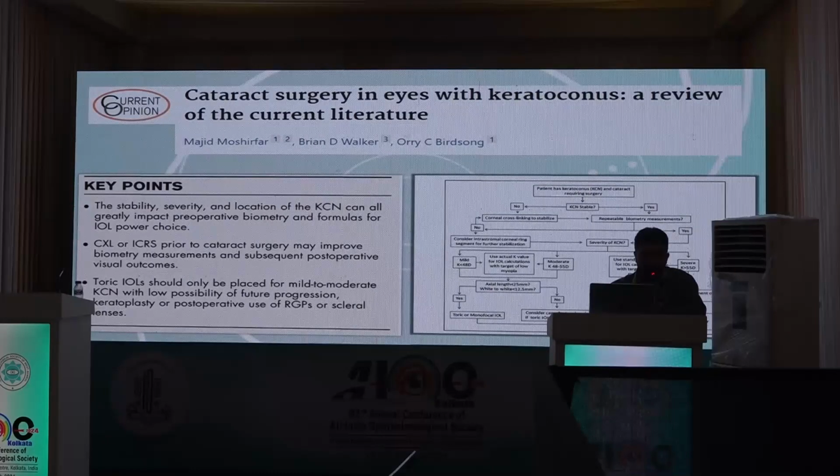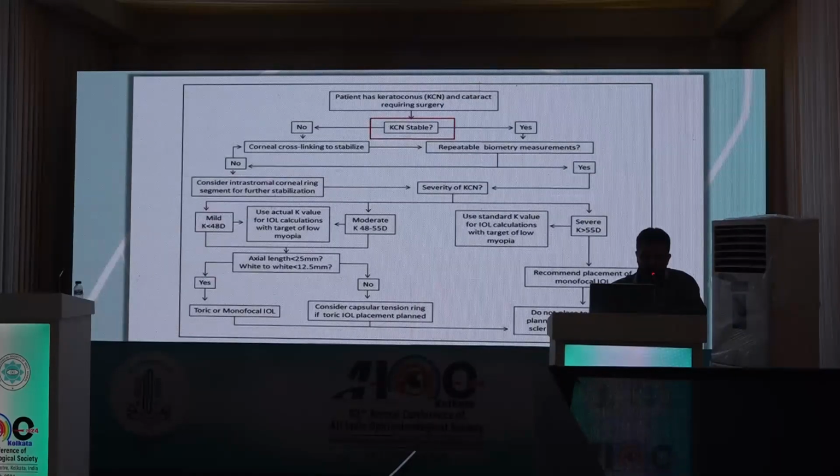So in considering whether to use a toric IOL or not in keratoconus, my decision making is quite similar to what this review article in Current Opinion points out. The most important thing, of course, is that the keratoconus has to be stable. If it's not stable, definitely no toric IOL. Then you look at how severe the keratoconus is.